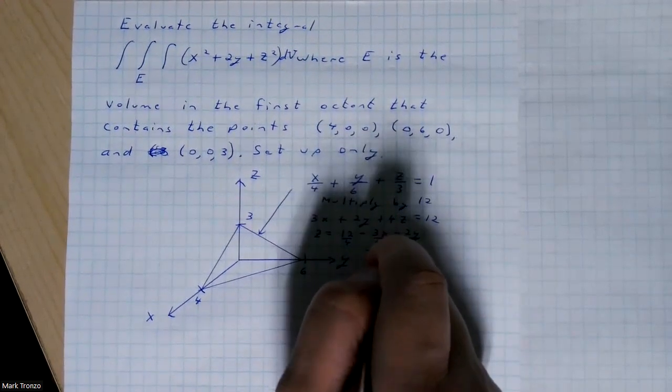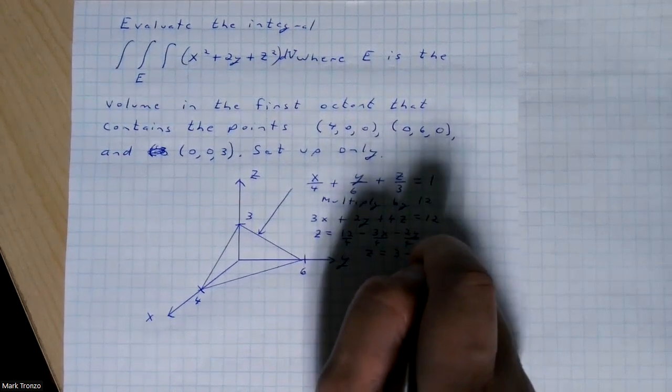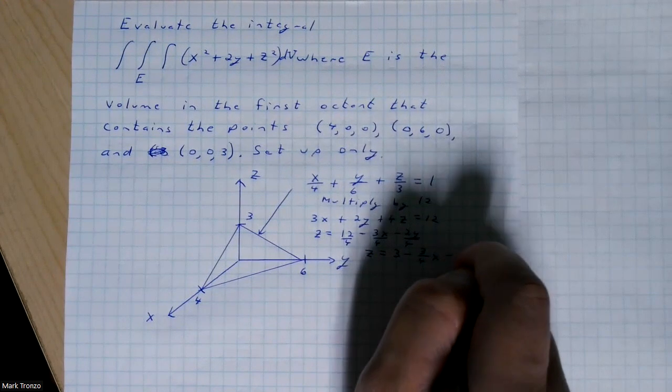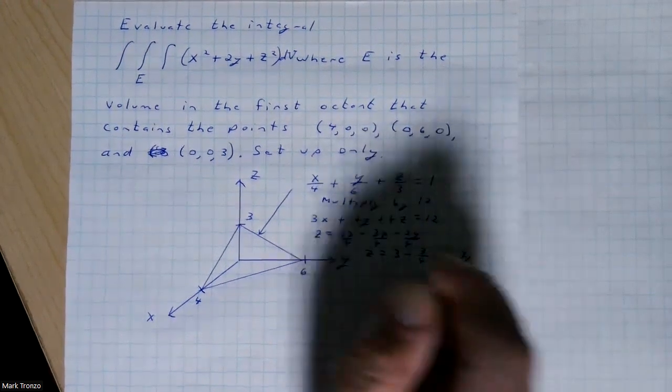So finally, z will be equal to 3 minus 3/4 x minus y over 2.